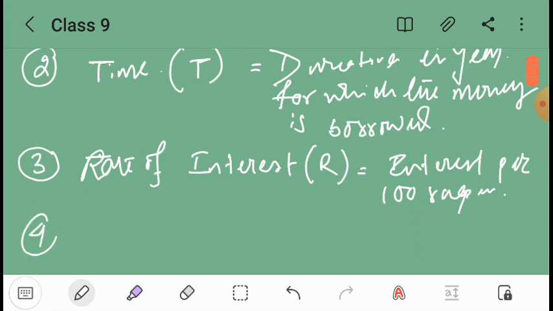Now another term is I, which is denoted by I, interest.